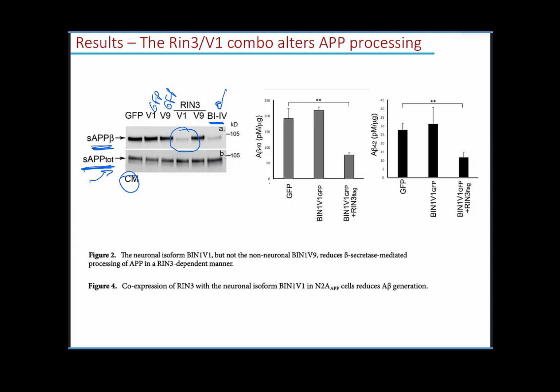They measure the amount of A beta 40 and A beta 42 produced by the cells when they had nothing in them, when they had V1 alone, or when they have both V1 and Rin3. So when they have both V1 and Rin3, there is a drastic, statistically significant reduction in the amount of toxic A beta products. Okay?